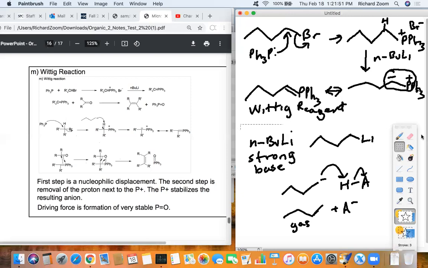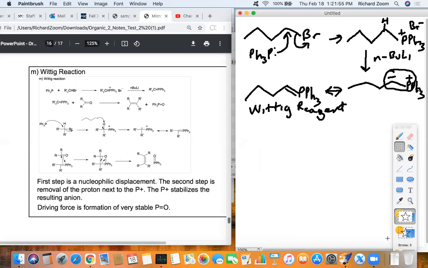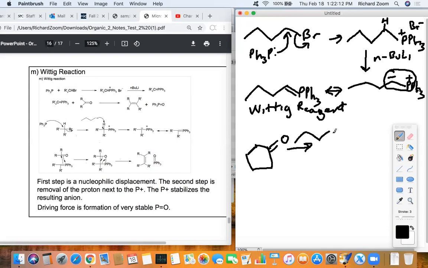Okay, so that's how we get the Wittig reagent. The fun part is how the Wittig reagent reacts with the aldehyde or ketone that we're dealing with. So let's say we had this ketone and we reacted it with the Wittig reagent we just made. Then the product is going to be this.